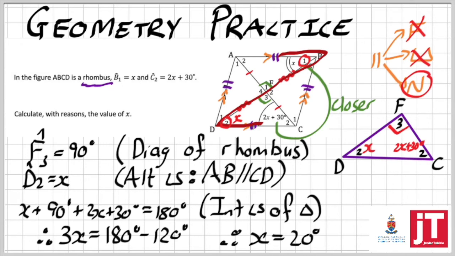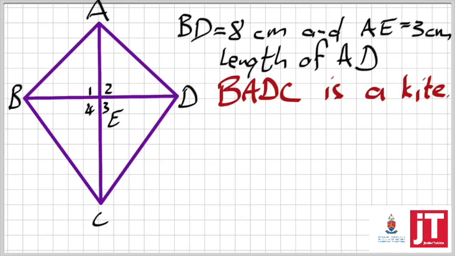So quadrilaterals, ladies and gents, are very seldom asked on their own. Most of the time, quadrilaterals are asked just to get their properties from the information, and then we use other geometry methods to solve them. Like in this next example.